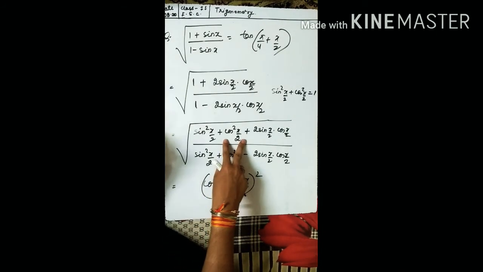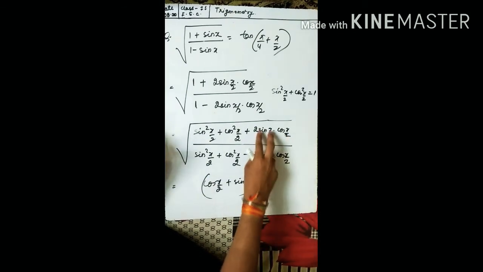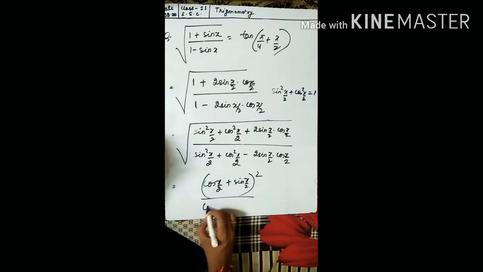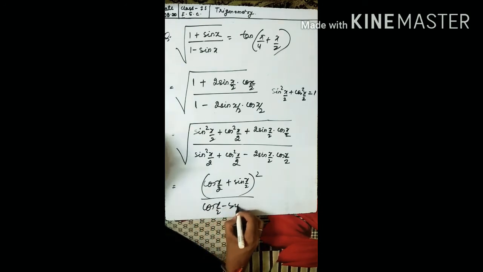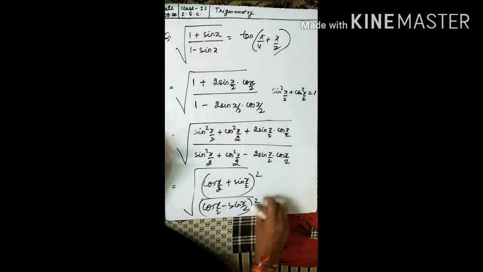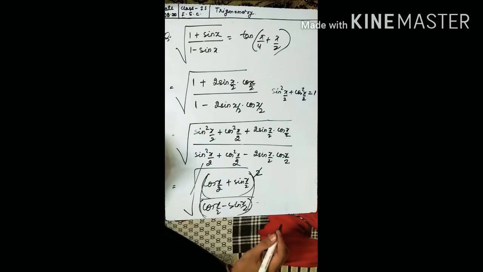Cos square x by 2 plus sin square x by 2 plus 2 sin x by 2 cos x by 2. And similarly in the denominator you are having cos x by 2 minus sin x by 2 the whole square identity. So the numerator will be a whole square and the denominator a whole square, and this square will be cancelling with this root.